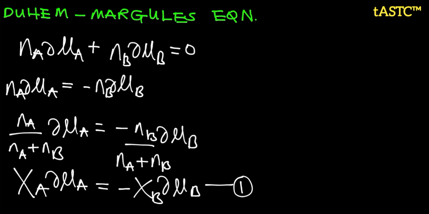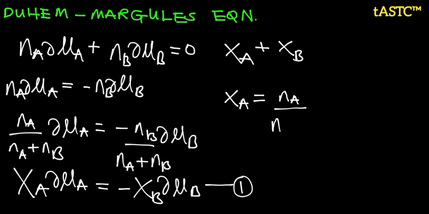Next, we need to work out some things. The mole fraction of the first component is X sub A, and the mole fraction of the second component is X sub B. Since the mole fraction of the first component is written as N sub A divided by N sub A plus N sub B, it is going to give us a fraction, because we have a lower number on top compared to what we have below.